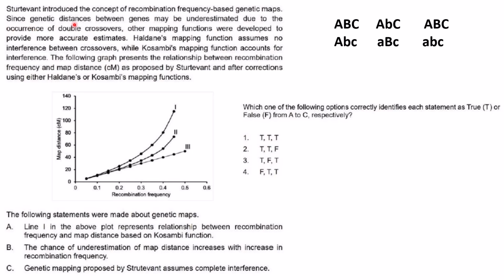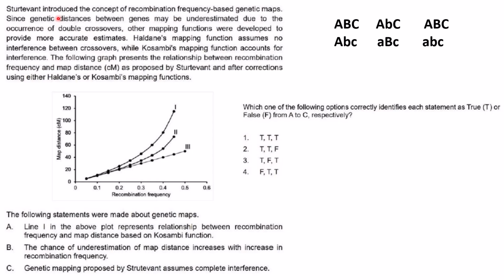Since then, genetic map distances between genes may be underestimated due to the occurrence of double crossovers. Other mapping functions were developed to provide a more accurate estimate. Now what does this statement mean? Sturtevant made the simple genetic map, assuming that there is complete interference.